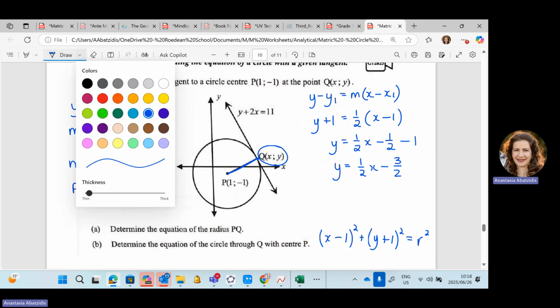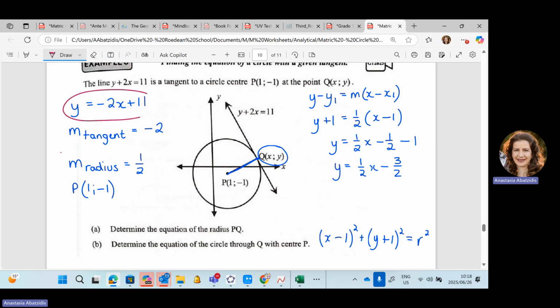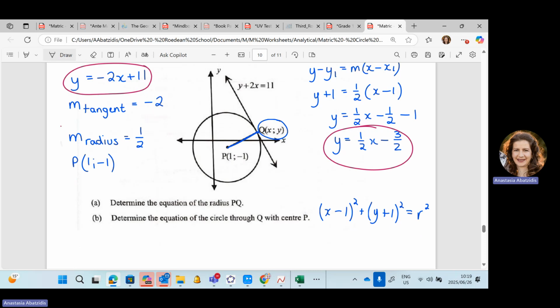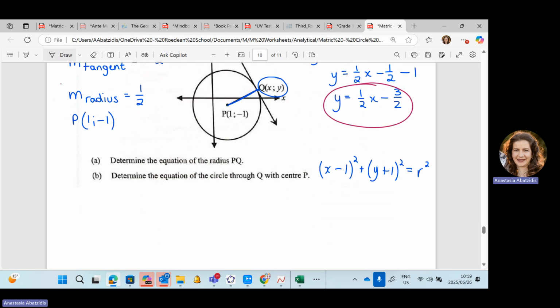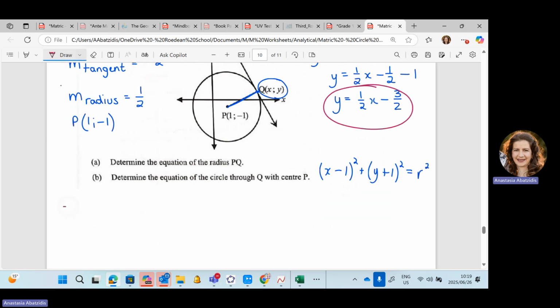We've got y equals -2x plus 11, that's the equation of the tangent, and we've just worked out the equation of the radius. So what are we going to do with those two? Make them equal to each other. Okay. And I get -2x plus 11 equals a half x minus 3/2.